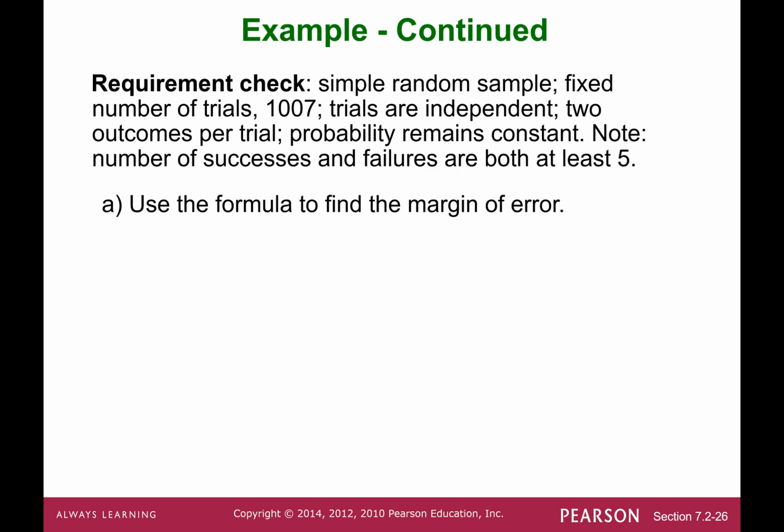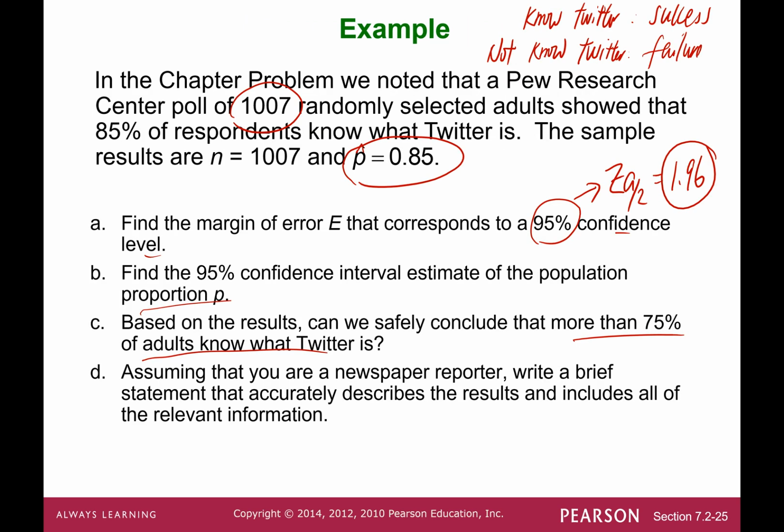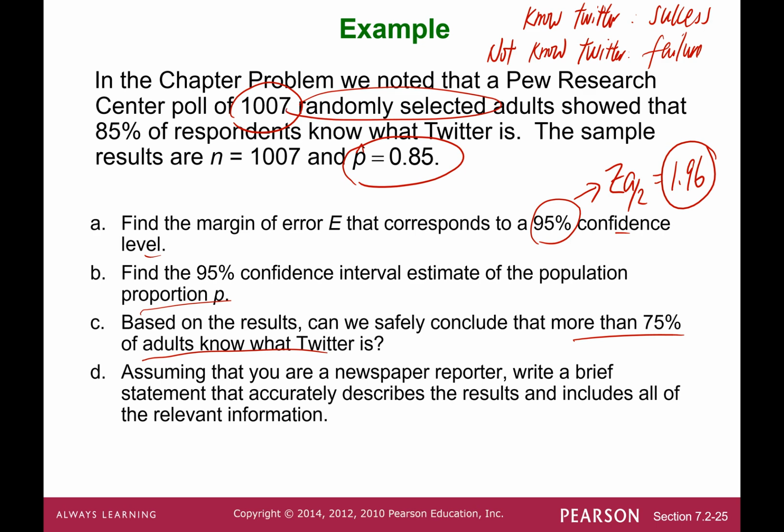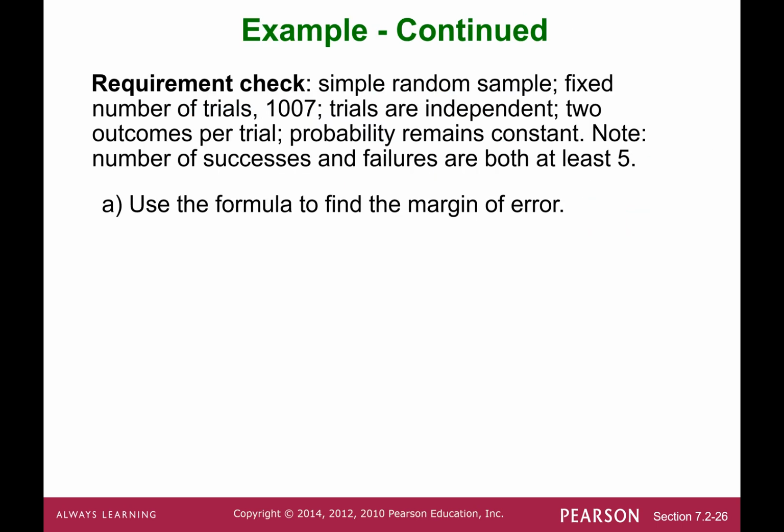First of all, we check all the requirements. We know it's a simple random sample, so randomly selected. Simple random sample checked. Fixed number of trials: we have 1007 trials. Trials are independent because they are randomly selected. And we have 2 outcomes per trial, either know Twitter or do not know Twitter. Probability remains constant. So we check the second one, the binomial probability distribution is satisfied.